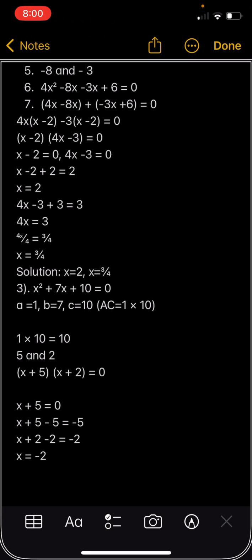So our two solutions for x are x equals -5 and x equals -2.